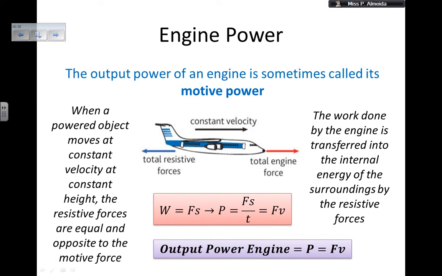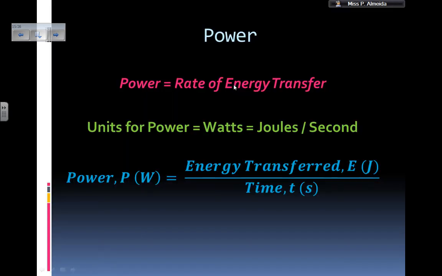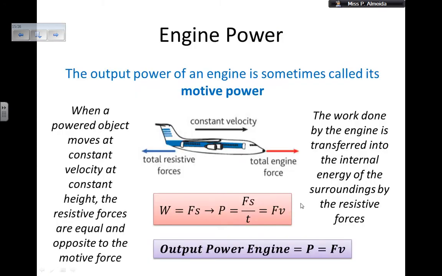So, there is another formula for power, okay? You guys know that power equals, let me show you again, energy transferred over time, right? And if you don't remember from a couple of videos ago, energy transferred is the same as work done. And work happens to be the force times the distance that you moved in the direction of that force.